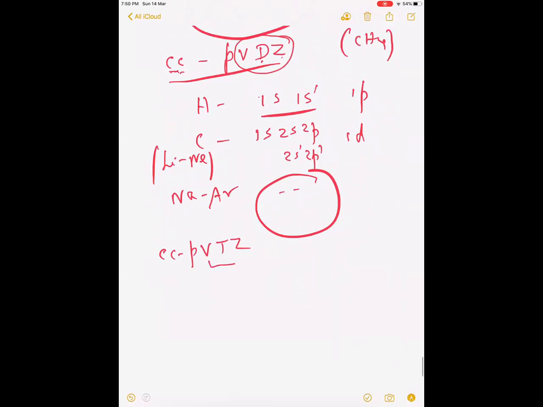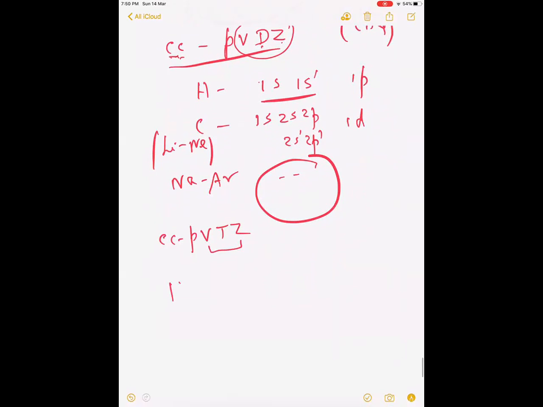Let me come to cc-pVTZ, how things change. Now I have a valence triple zeta. So let me write the same thing for hydrogen. For hydrogen now, this is cc-pVTZ. I have 1s prime, 1s double prime, because valence is triple zeta, so I have 3s functions. But very interestingly now, it is not 1p.